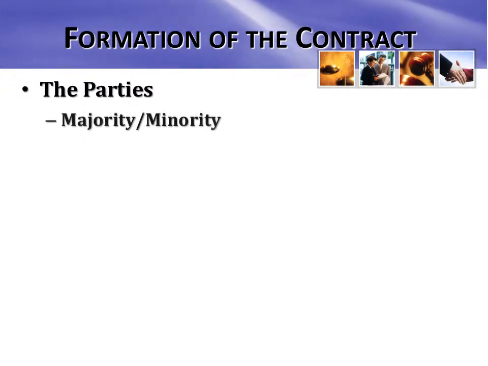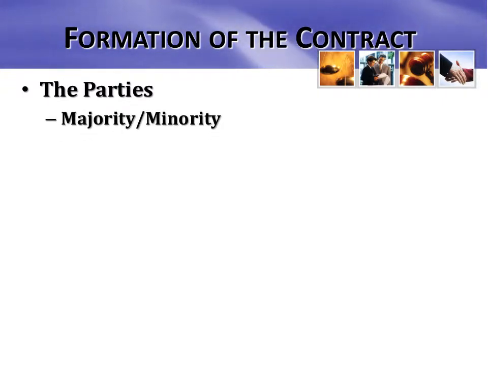So what I want to do is look at the first procedural step, the formation of the contract. And the first thing we have to concern ourselves with are the parties to the contract. Now, in law, majority means that you've attained legal majority, meaning that you can fully contract with other people.